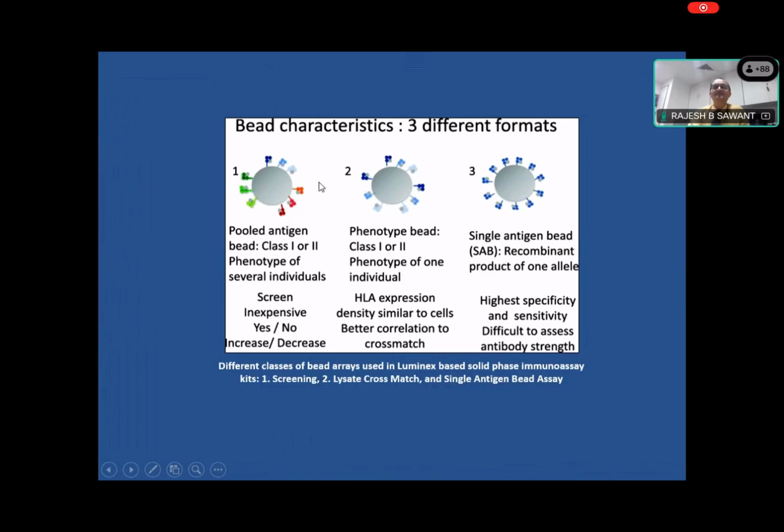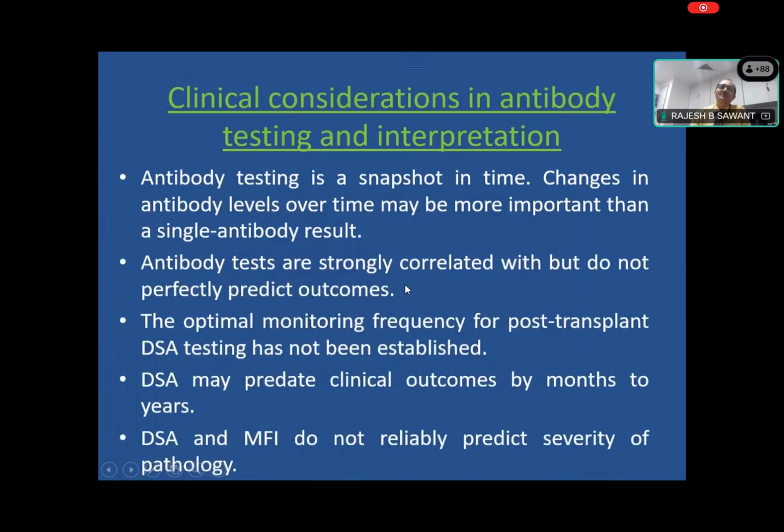As I said, there are 3 different formats that we have seen for antibody testing. So how do these results help us in decision making? The first thing I want everyone to understand is that an antibody result is a snapshot in time.